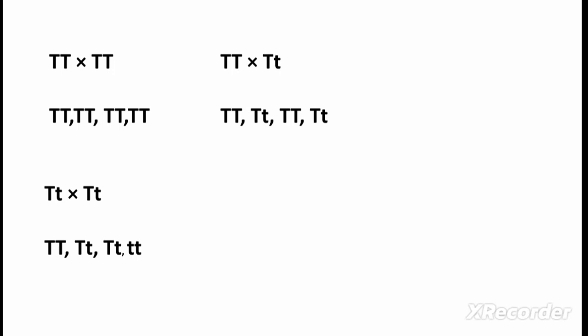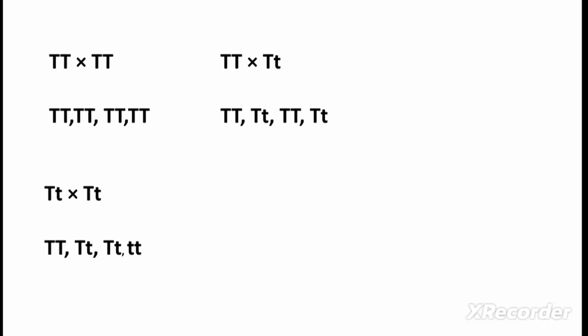Now let's go to the second parents. One parent is homozygous tall, the other heterozygous tall. These are their possible kids. How did I multiply? I took the first T on the homozygous side, combined with the first T on the heterozygous side, and they gave me capital letter TT.